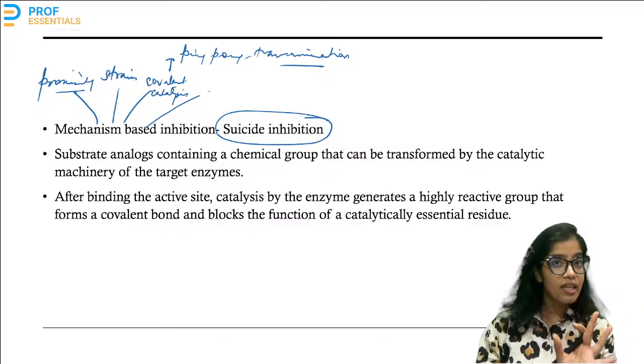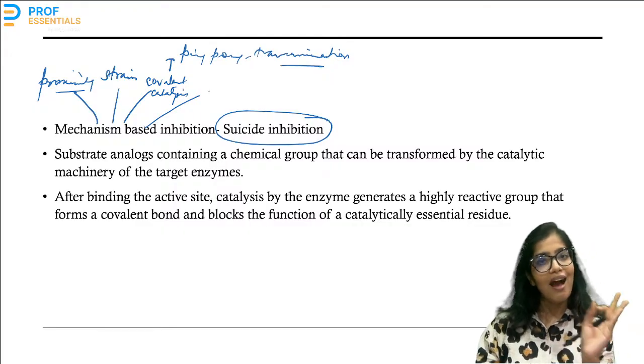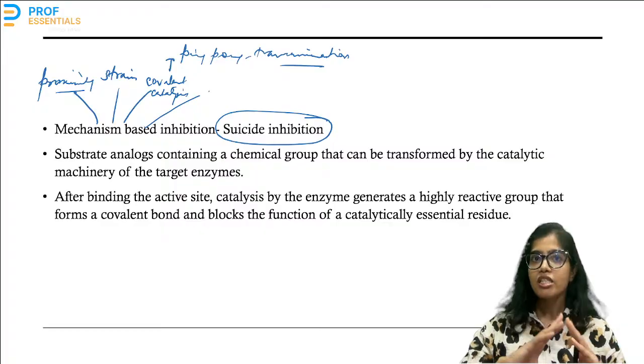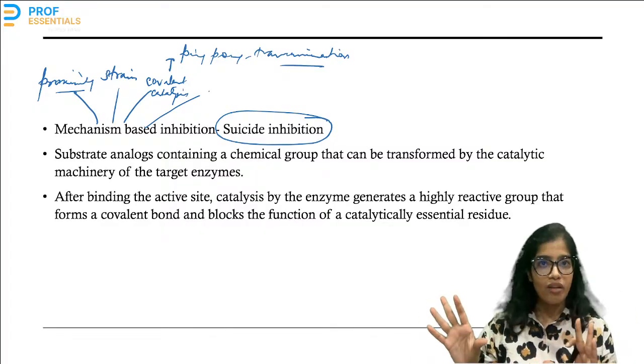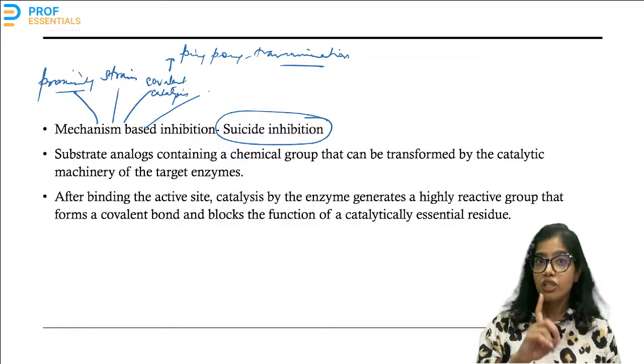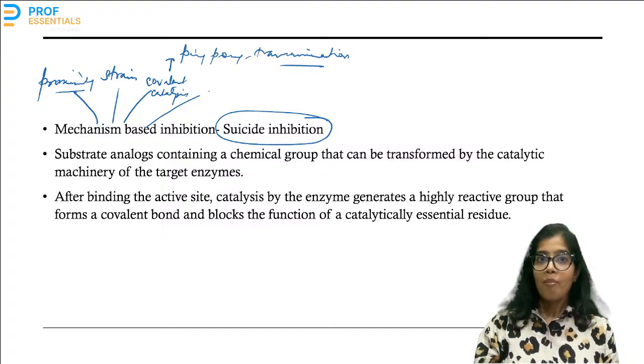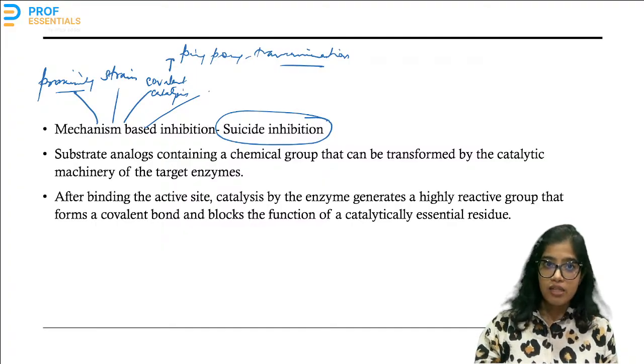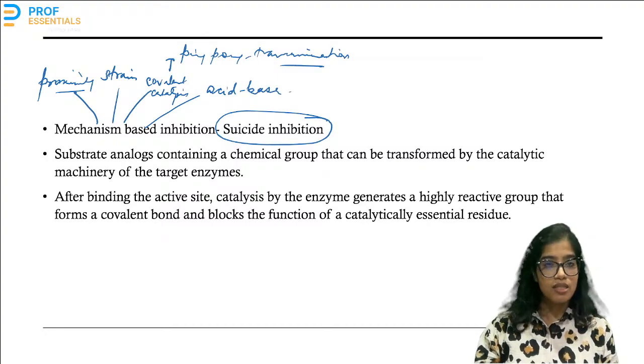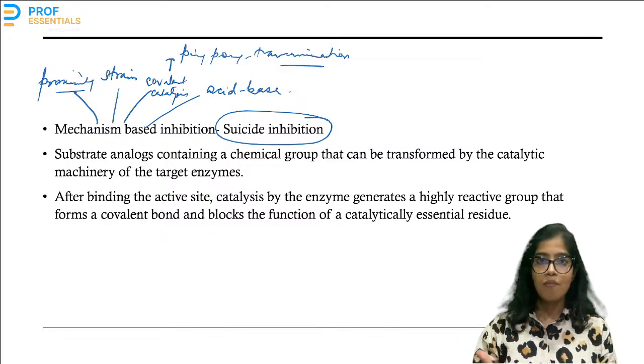The enzyme was getting modified during the reaction, but just after the reaction is complete, the enzyme goes out unmodified. So please go back to the last session if you're not understanding these terms, ping pong mechanism or transamination reactions, because we have read all of these in the first session. And the last one was the acid-base mechanism, where the R chains or the peptidyl chains on the enzyme behave as Lewis acids and Lewis bases.